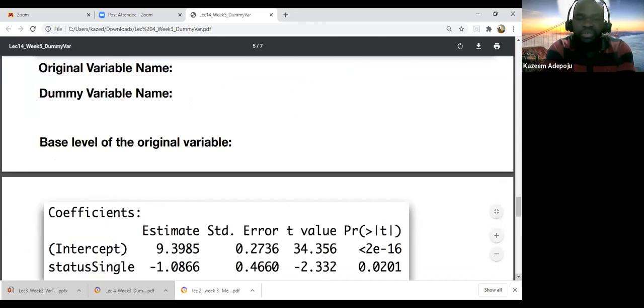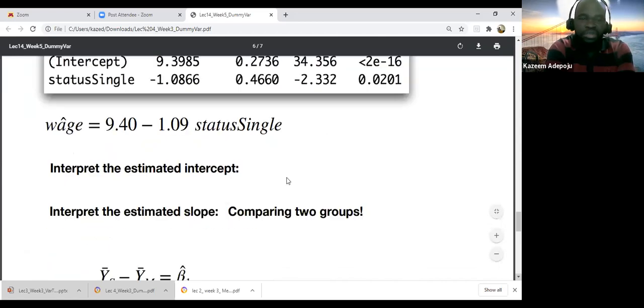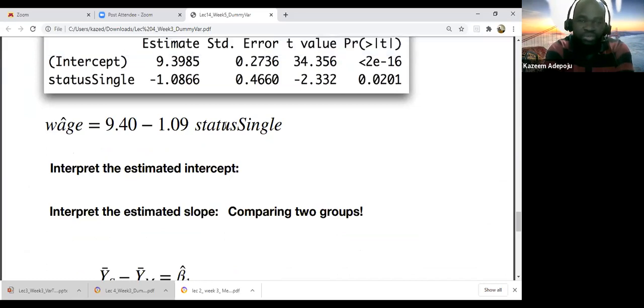Now, if you go back to the model, when this equals 0, what am I referring to? I'm referring to married. When this equals 0, the wage is going to be 9.40. But when this equals 1, I'm talking about single.